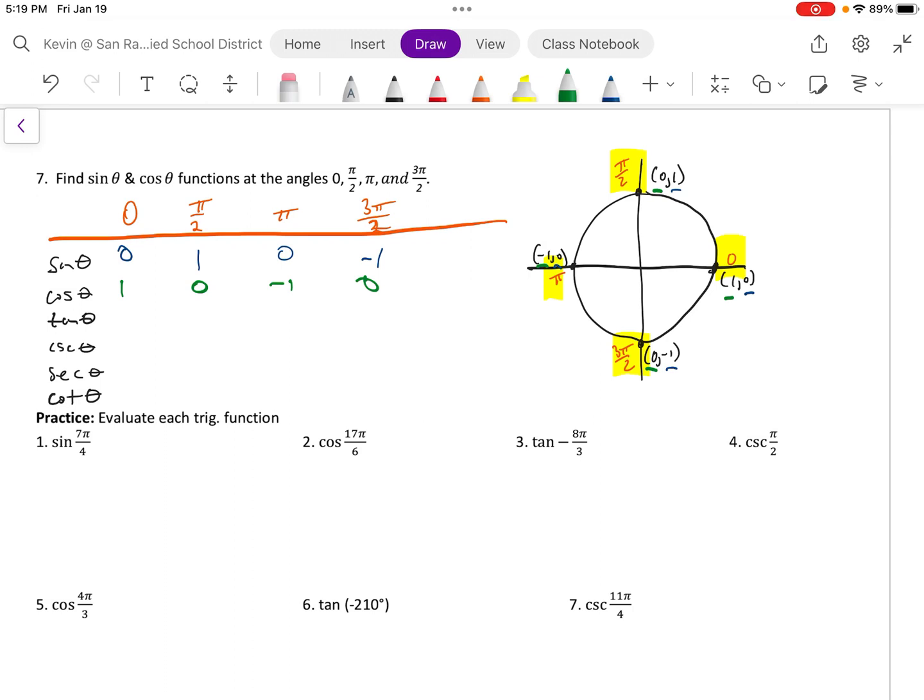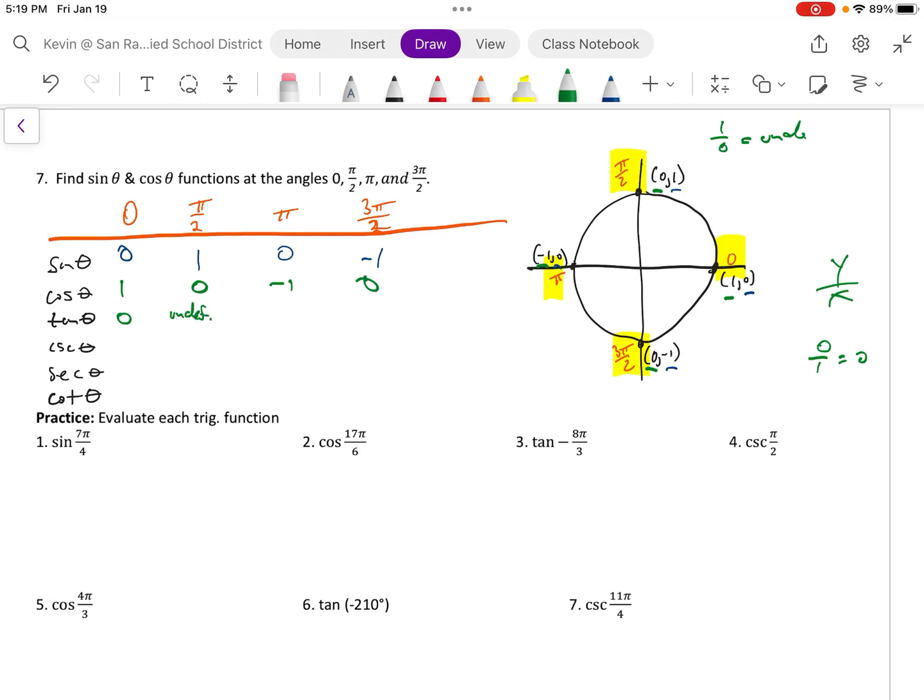All right, so tangent, that gets a little bit different. Tangent is, again, y over x. So at 0, that would be 0 over 1, which equals 0. Now we come up here to pi over 2, and that would be 1 over 0. 1 over 0 is undefined.